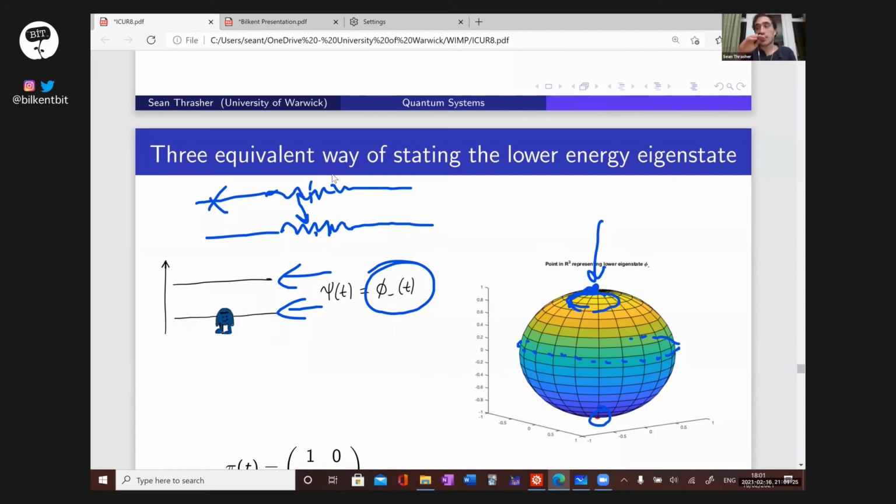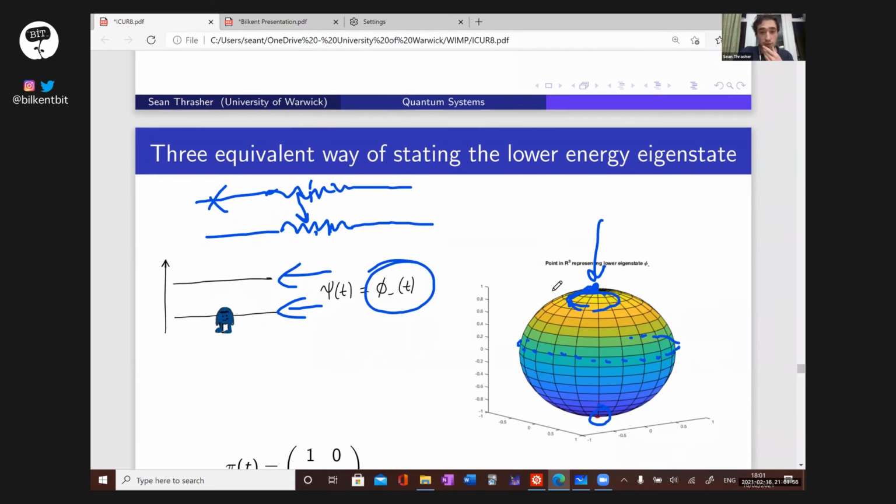I hope you see that we've reduced the problem to figuring out what the trajectory of this point on the sphere is. We started off with wave functions, and now we're just asking how this point moves on the sphere, given the value of epsilon and all the parameters.